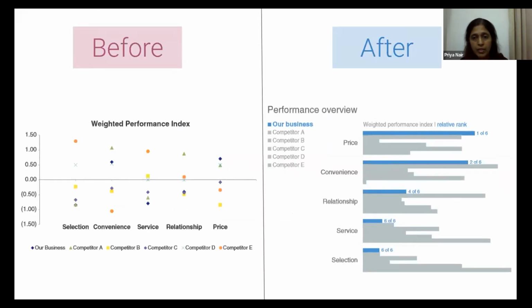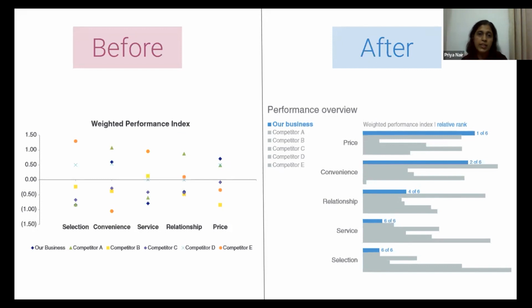So if you look at the graph, which is the revised version, it is being converted to a horizontal bar graph, where the competitors like A, B, C, D, and E are all in the same color because their information is not of importance to us. We just have to plot them in that order.